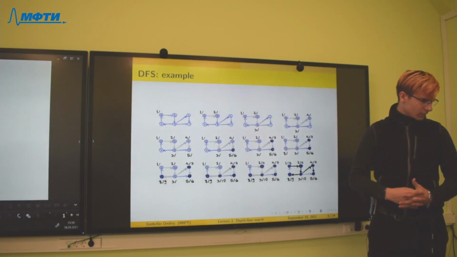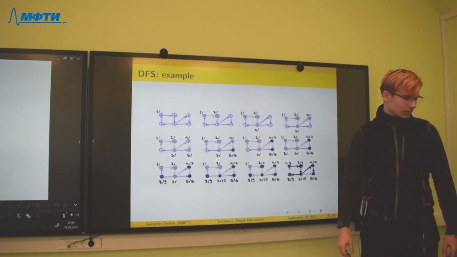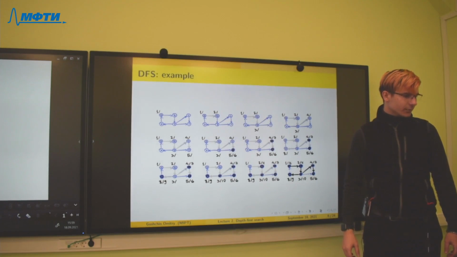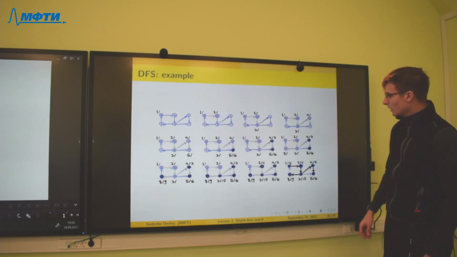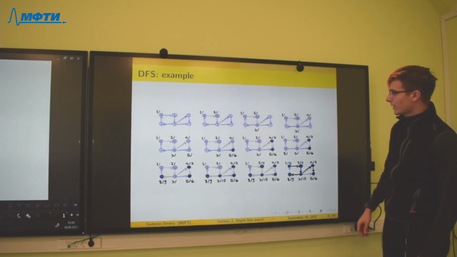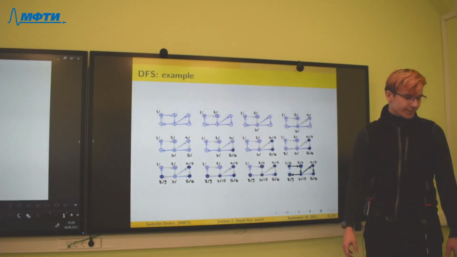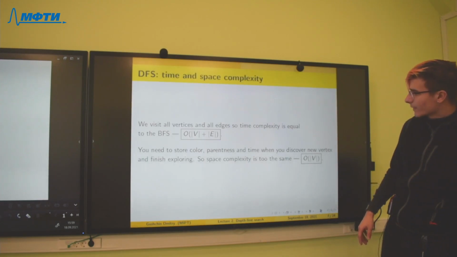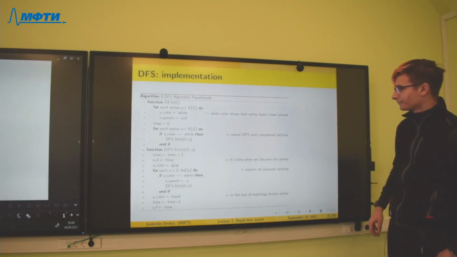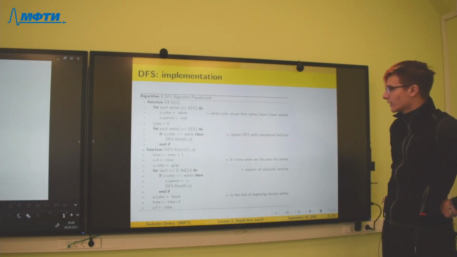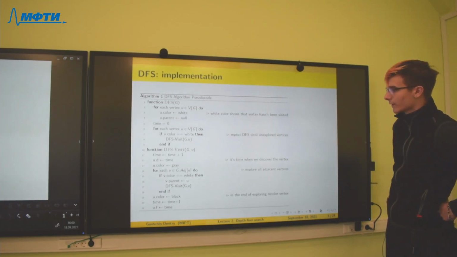Could you explain what is time in the pseudocode? You can think that time is equal to time in the real world, but we store it as a variable because we need to understand in which order we visit each vertex.